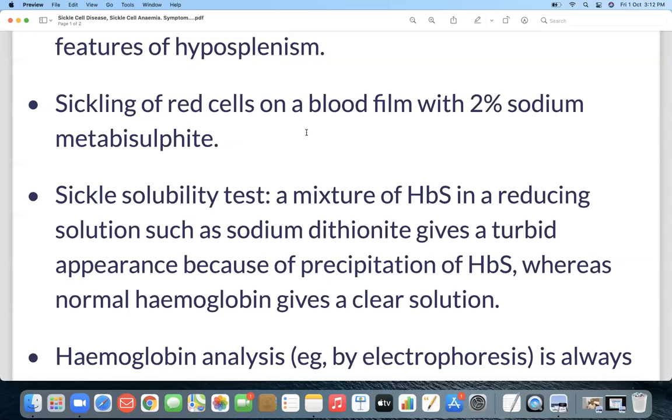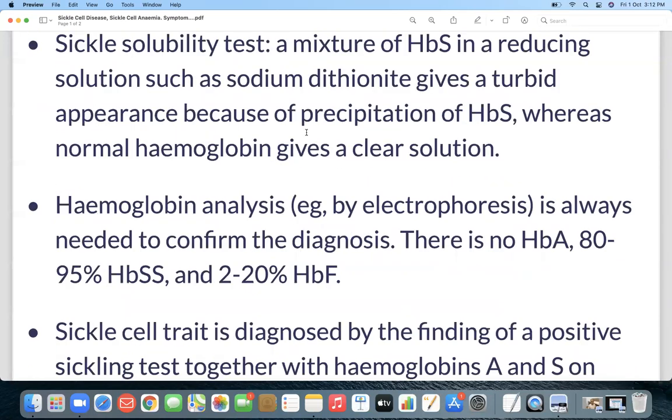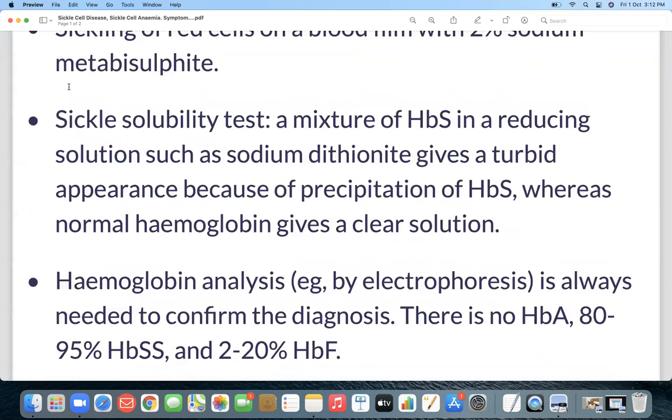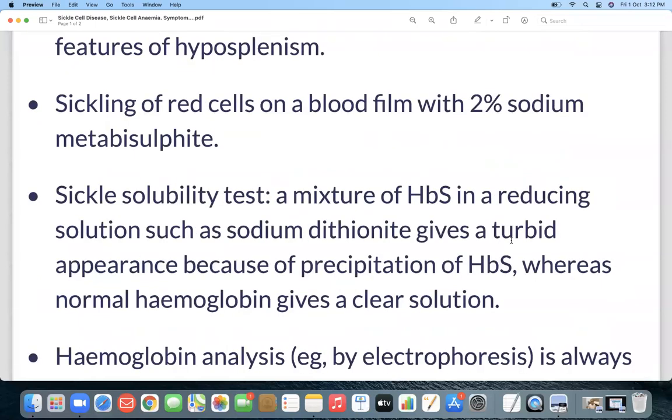Okay. Next is the, I don't know whether we have to tell this in exam or not. I'll just read. Sickle solubility test. A mixture of HbS in a reducing solution such as sodium dithionite gives a turbid appearance because of precipitation of HbS, whereas normal hemoglobin gives a clear solution. We can know this only.